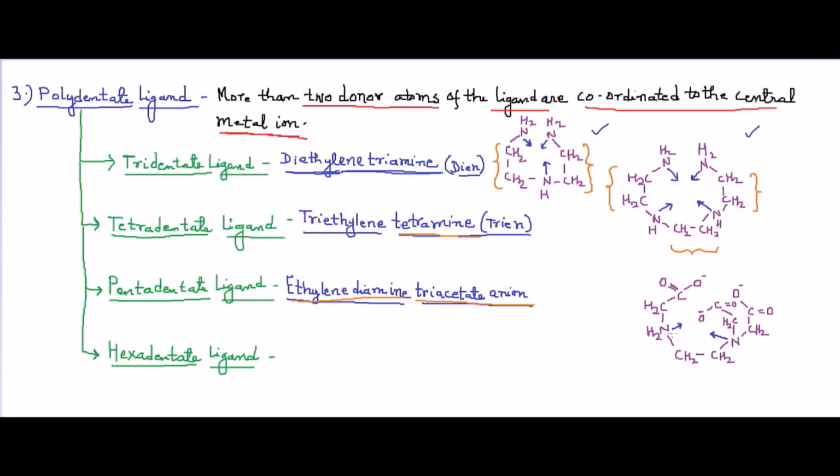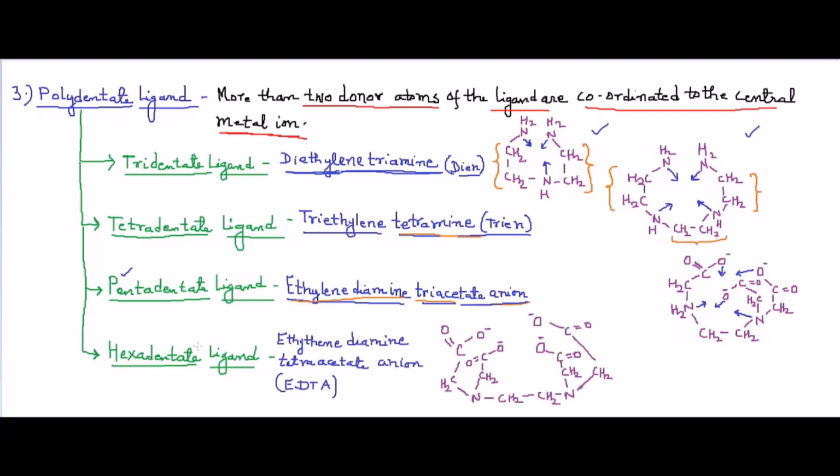So 2 amino groups, so 2 nitrogen donor atoms, and in the acetate we have 1, 2 and 3 like this. So we have 3 negatively charged oxygens, which will act as donor atoms of the ligand. That means 3 oxygen donor atoms and 2 nitrogen donor atoms. In total we have 5 donor atoms of the ligand. That is why it is the pentadentate ligand.